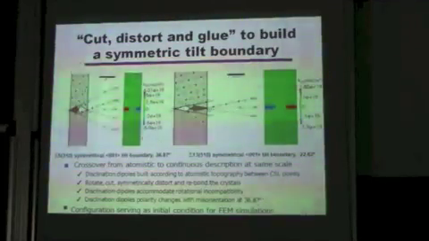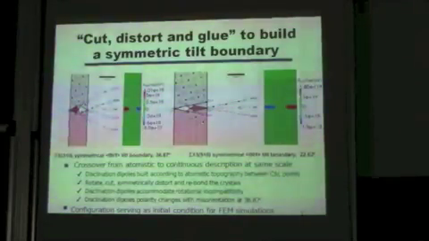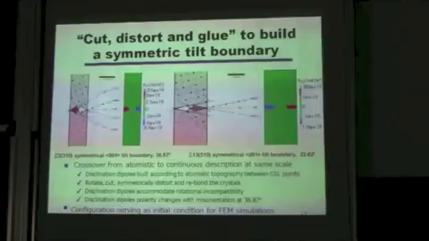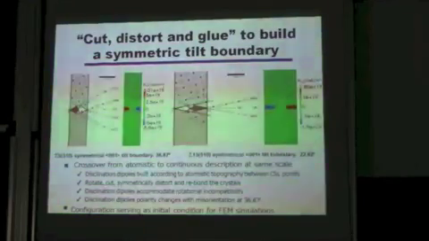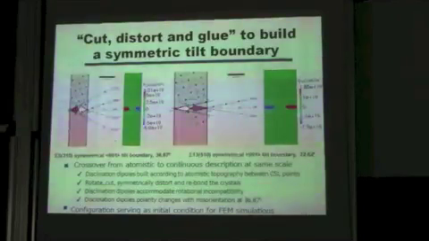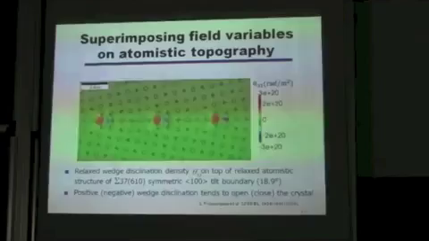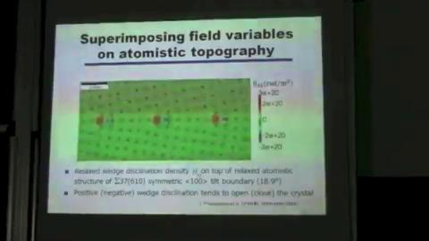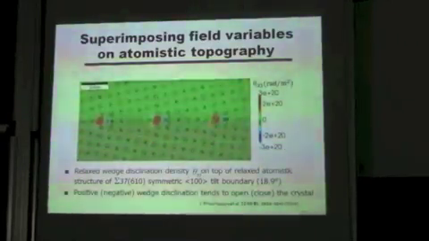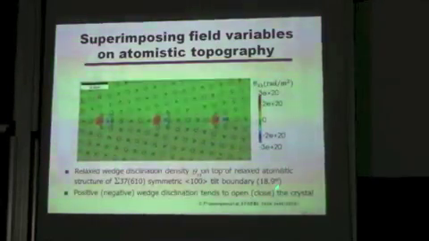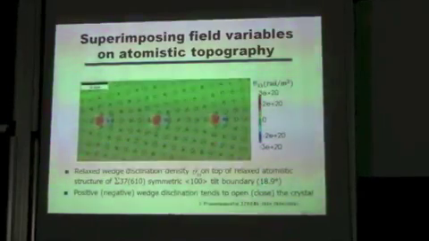So we define this way an arbitrary periodic array of disclinations, and the problem is that it's completely arbitrary. So what we do is we relax it. We let it relax in its own stress and couple stress field until the elastic energy stabilizes. It happens that it actually stabilizes, and this is the result of the relaxed structure, which I've shown for another tilt boundary of about 19 degrees.